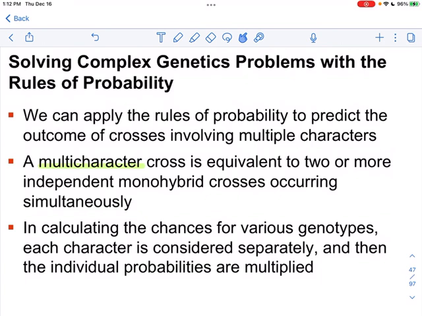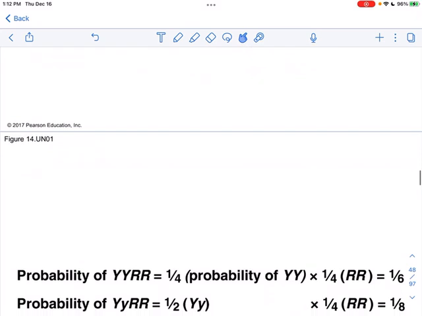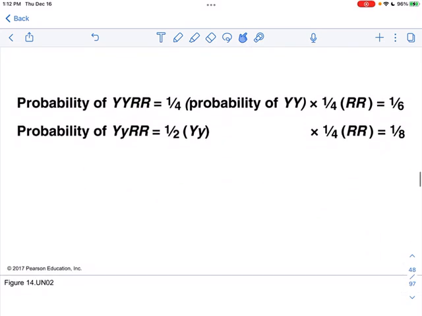So I just want to make sure that you guys understand how to use the probability rule, whether you're using the multiplication rule or the addition rule. In most cases, when I ask you to figure out a probability, I'm asking about the probability of multiple events happening together.